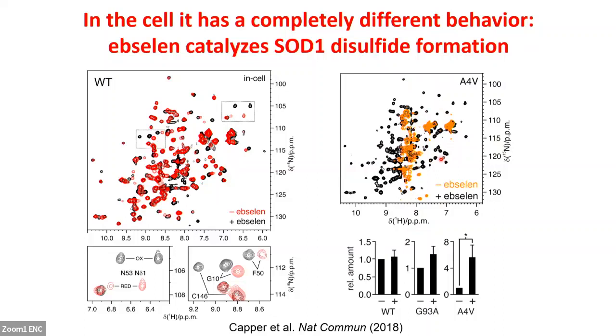It is not structurally stable. If we add epsilon, this favors the formation of the native disulfide bond and stabilizes the conformation of the protein. So we have a totally different behavior in vitro and in vivo.